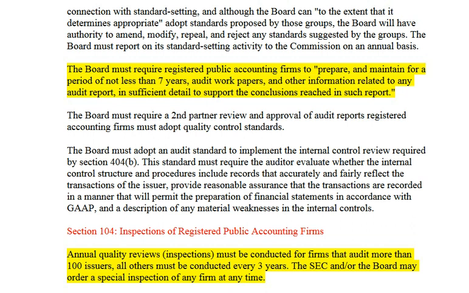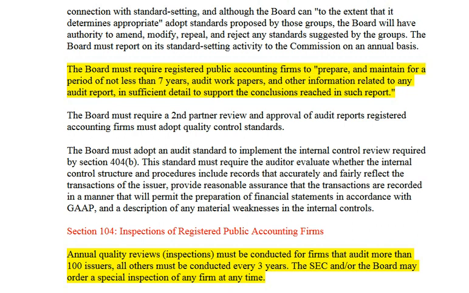The board will have authority to amend, modify, repeal, and reject any standard suggested by the groups. The board must report on its standard-setting activity to the Commission on an annual basis.